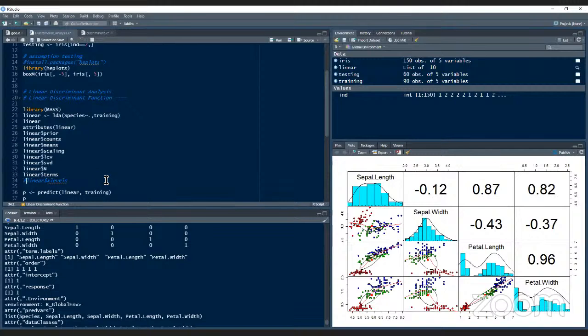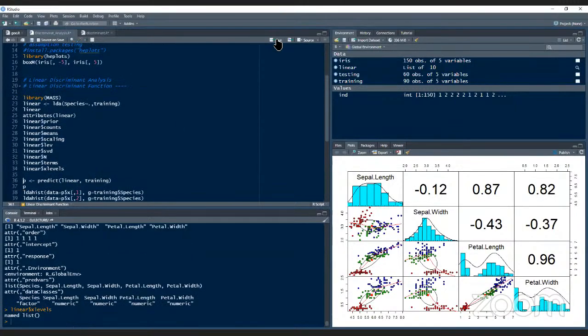And linear X levels gives the names of variables which we used as independent variables. Here we have given all, so it is writing the name list.